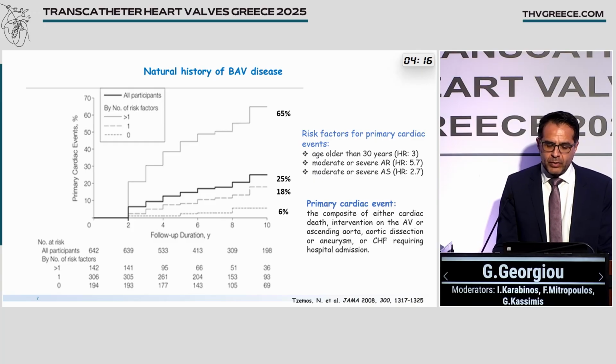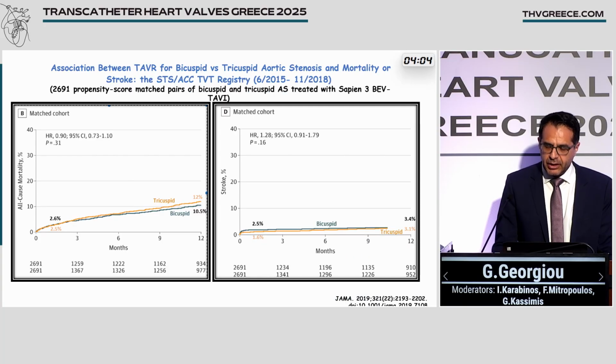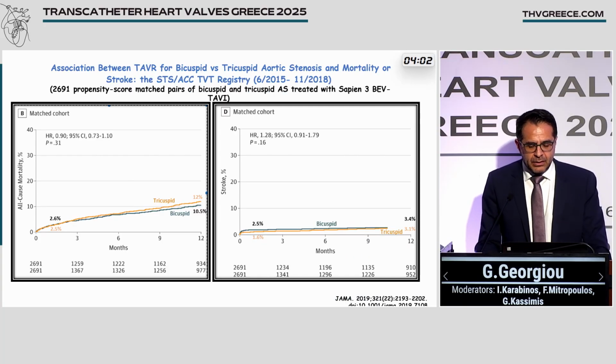Patients with more than 1 risk factor had 65% risk at 10 years to have a primary cardiac event. So the prognosis in this particular subset of patients is not so good, and you have to keep this in mind in early decision making.